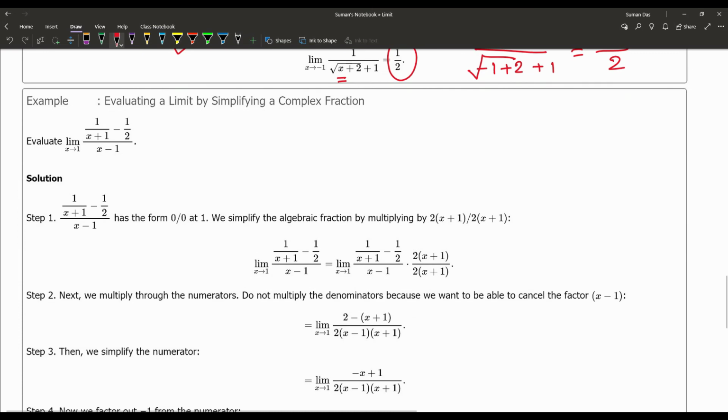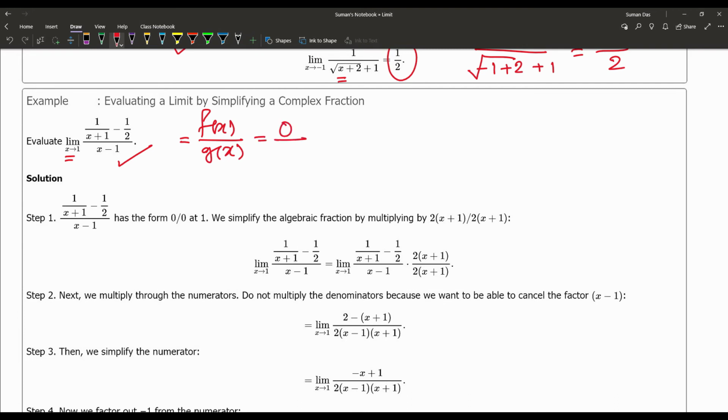Let's check another problem, which is a complex fraction. Here the limit is of the type limit x approaching 1, and the numerator is 1 by x plus 1 minus 1 by 2, upon x minus 1. So what can we do? Let's check by putting x equals 1 in the numerator and the denominator.